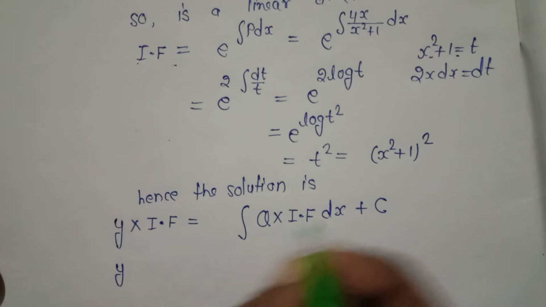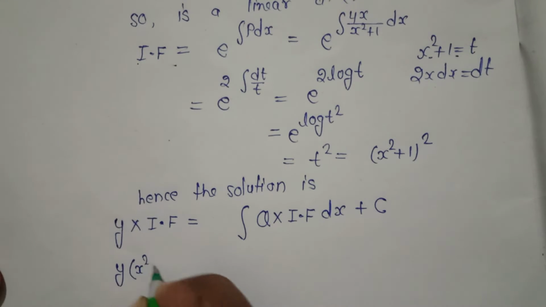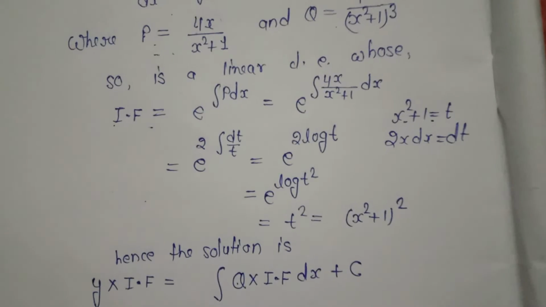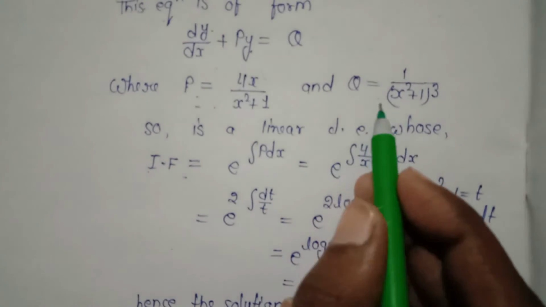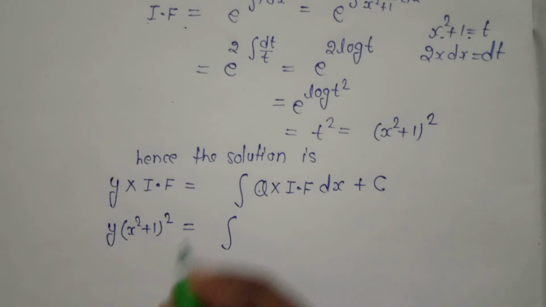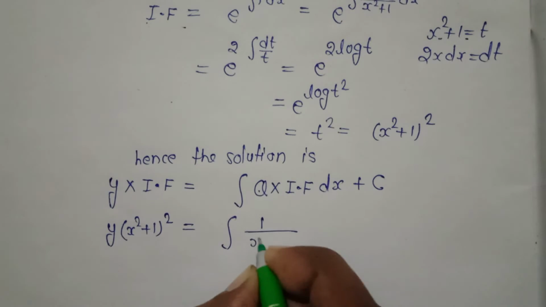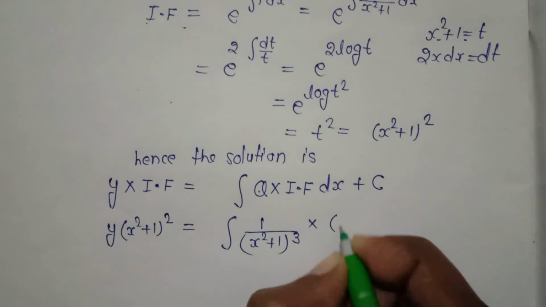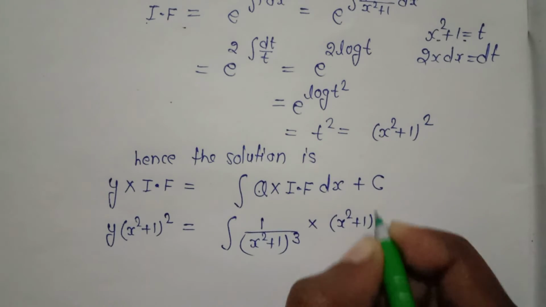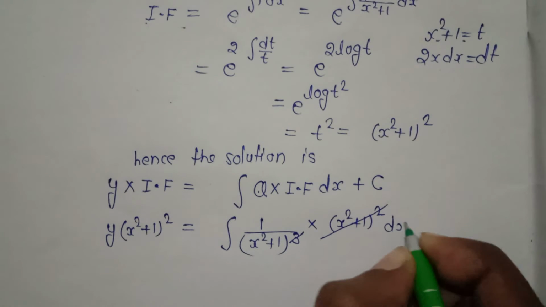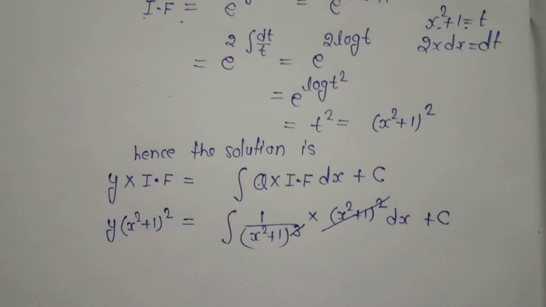So y into integrating factor, (x square plus 1) raised to power 2, is equal to integral of q. What was q? You can see I compared, then I got q as 1 upon (x square plus 1) raised to power 3. So I am going to put it. And what is the integrating factor? That is (x square plus 1) raised to power 2. So you can see this term got cancelled by this, and here it is dx plus integrating constant c.